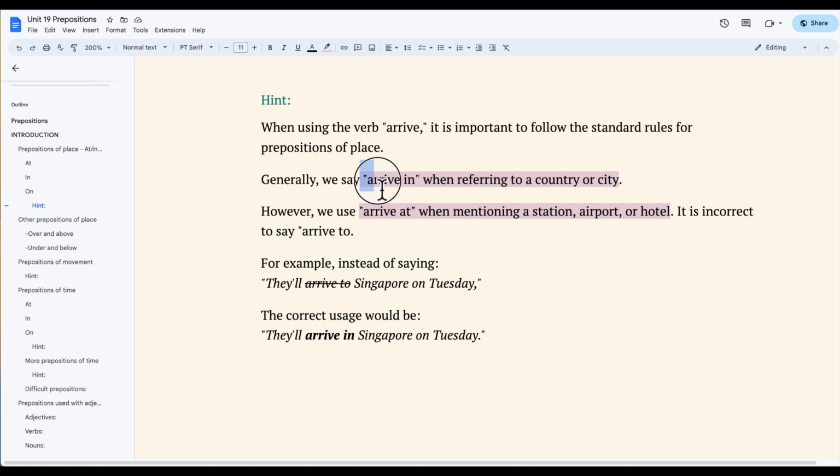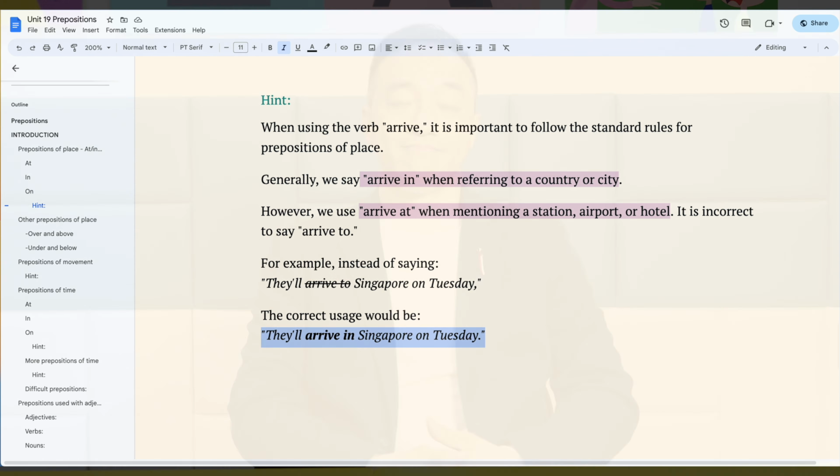Typically, we use arrive in when referring to a country or city. However, when mentioning a station, airport, or hotel, we use arrive at. It is incorrect to say arrive to. For instance, instead of saying they'll arrive to Singapore on Tuesday, the correct usage would be they'll arrive in Singapore on Tuesday. By following these guidelines, you can ensure accurate usage of prepositions when discussing arrivals and locations.